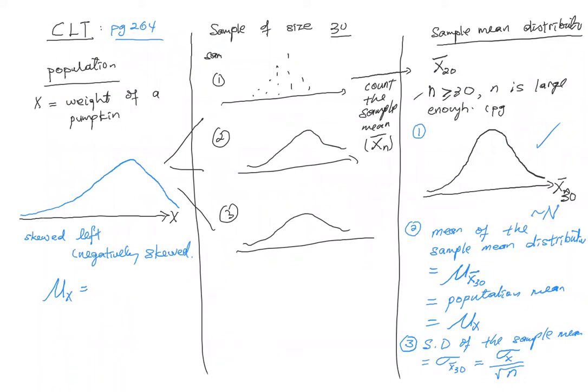When we talk about the central limit theorem, what are we talking about? Are we talking about the individual weight of the pumpkin?